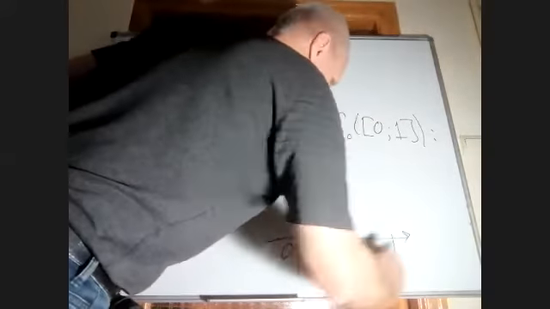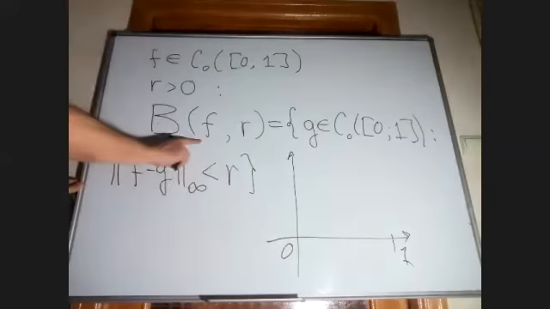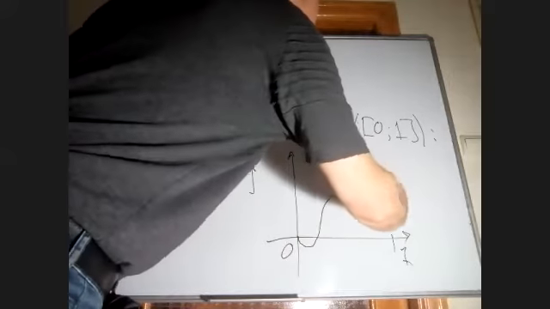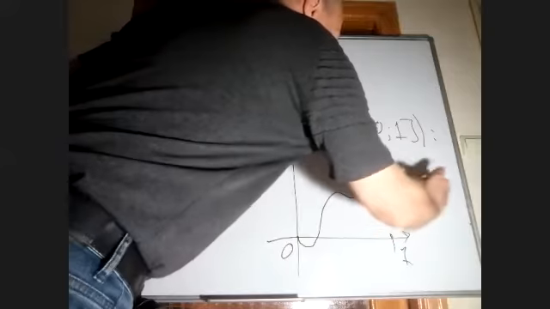But for us, it is interesting what it is now in our space. Consider a graph of the function f, the center of our ball, and maybe it can look like this. This is the function f.